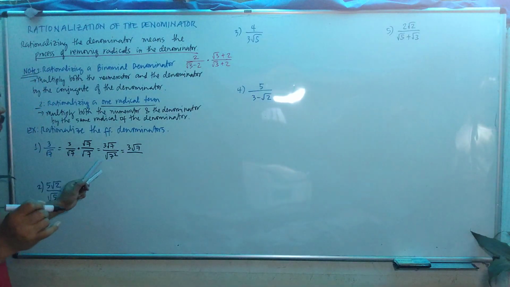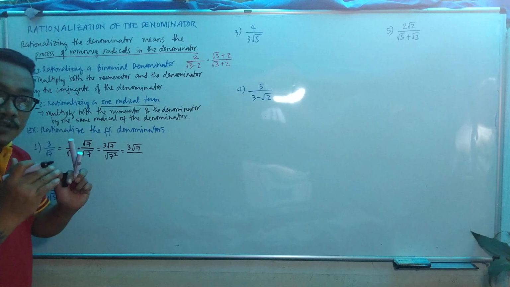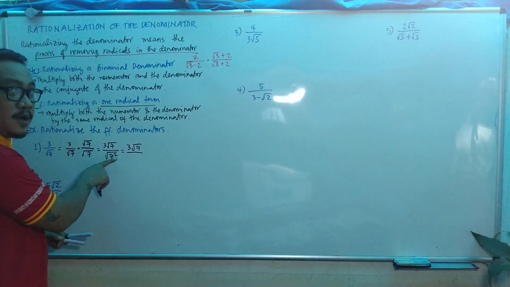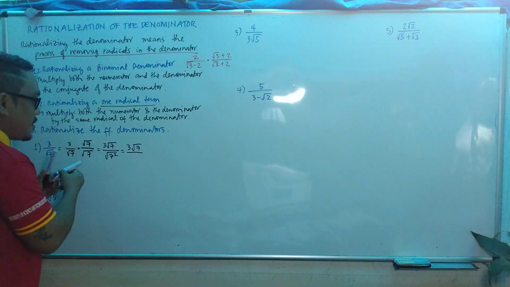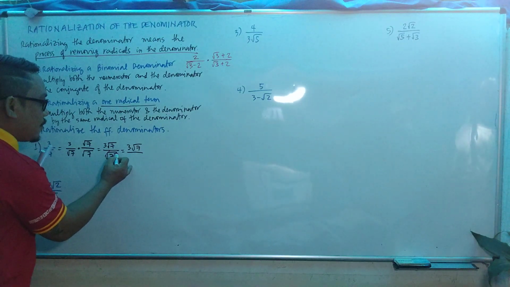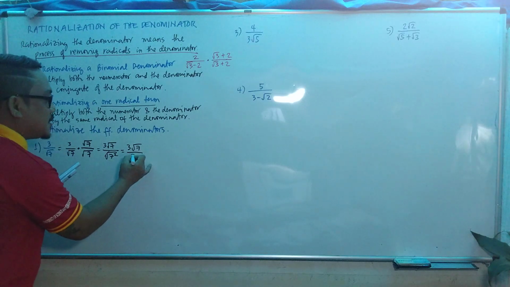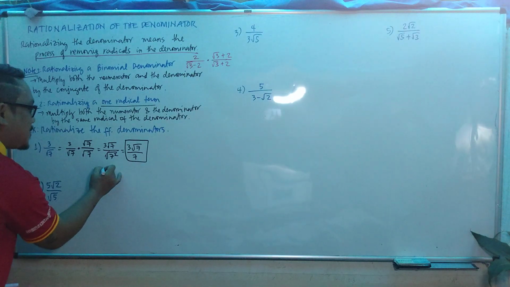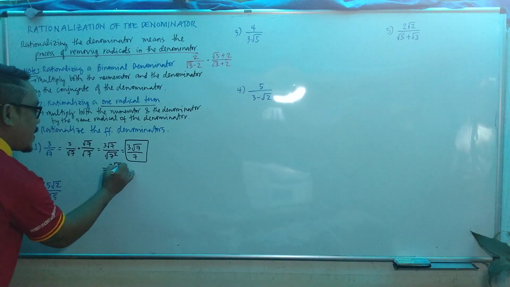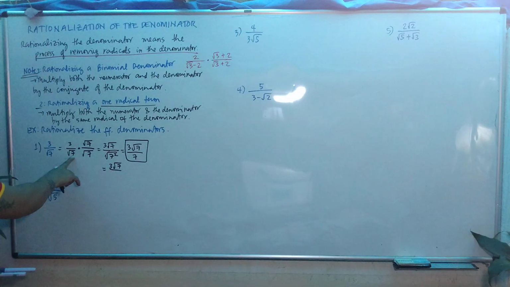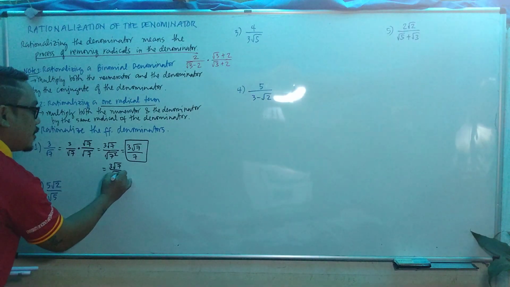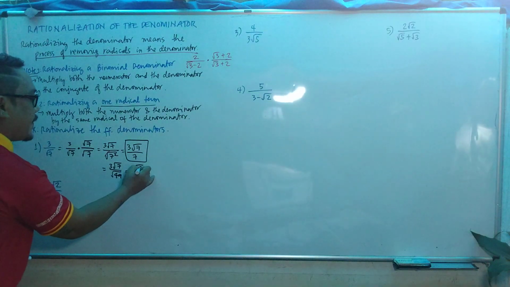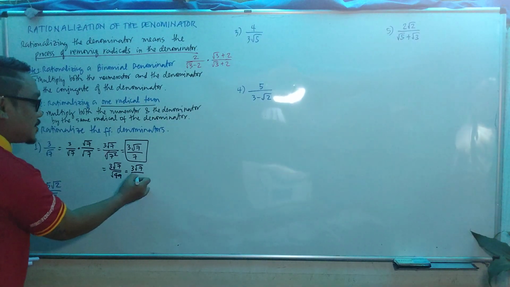Take note of our laws of radicals number 1: if the index and the power are the same, they cancel. So, the radical and the 2 cancel, and what remains is 7. It's just the same: 3 square root of 7 over square root of 7 times square root of 7 is square root of 49. So, you just copy 3 square root of 7 over, what is the square root of 49? You have just 7.